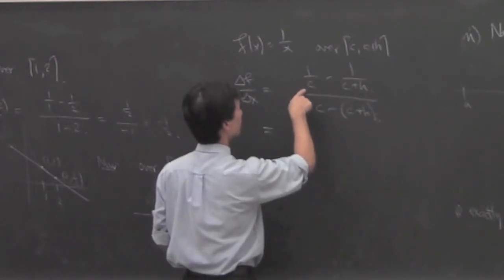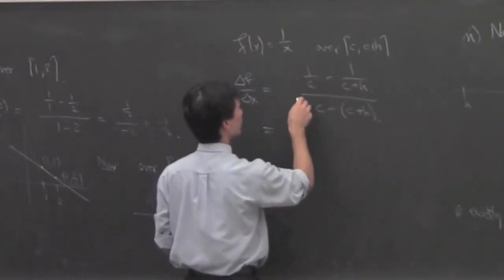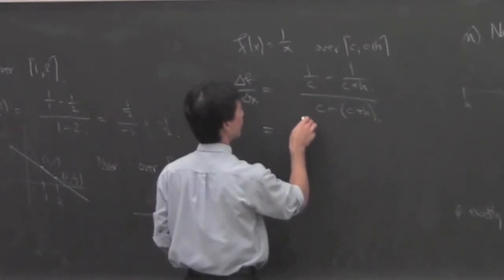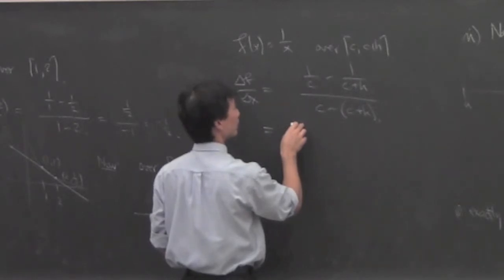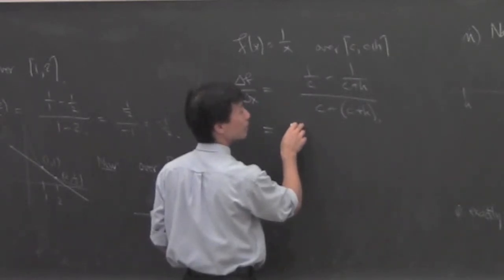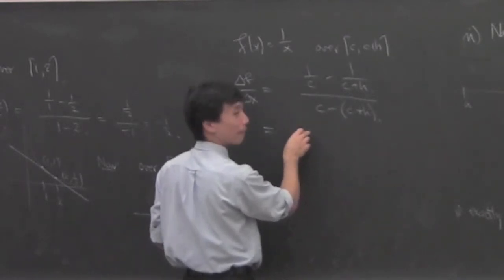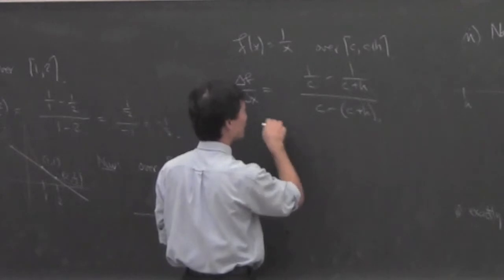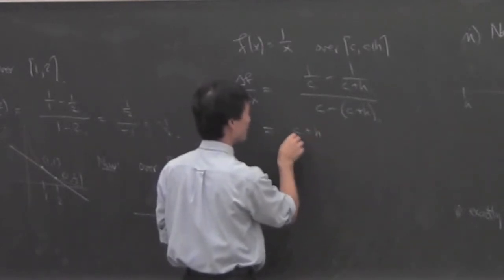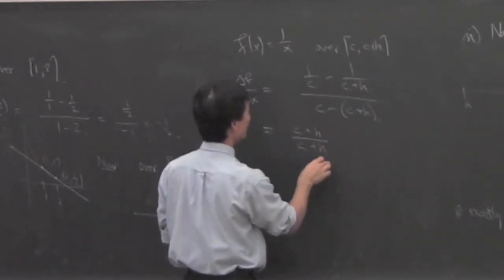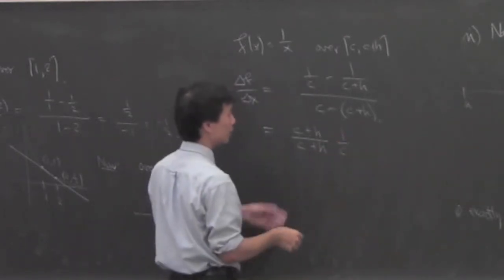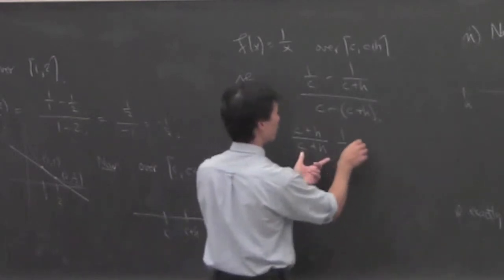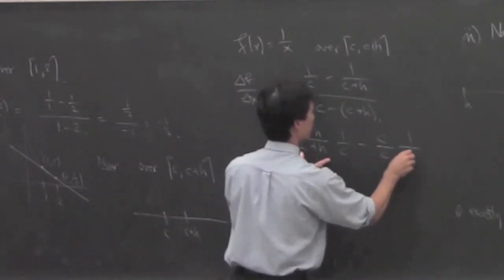Well, if you multiply to have the same denominator, you'll get c plus h over c times the quantity c plus h, minus c over c times the quantity c plus h on the top, and then you have the same denominator. Okay, so I think what you're saying is, find a common denominator, right? So you multiply this guy by this, you multiply this guy by this.